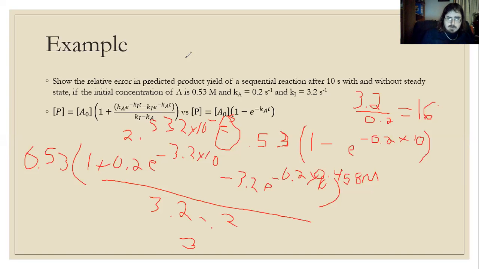And we have 3.2 times E to the negative 2, which is 0.433. So that first one really doesn't count for much. It's more or less a rounding error, but I'll include it in here.